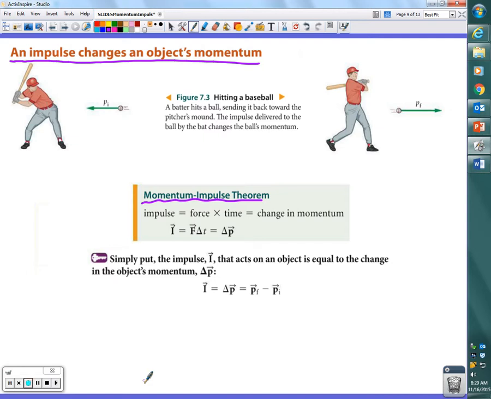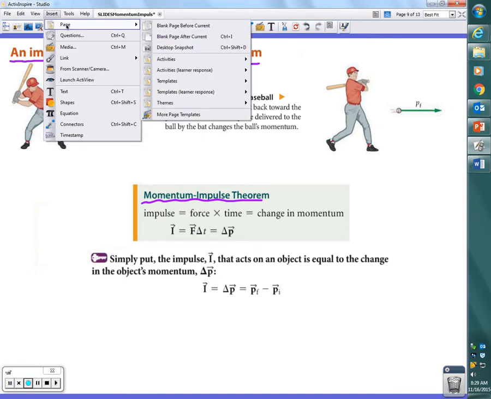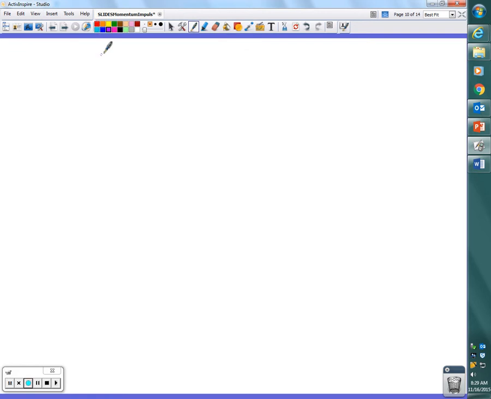This is actually a restatement of Newton's second law. Watch. All right. Newton's second law is F equals ma, right? All right, good there?